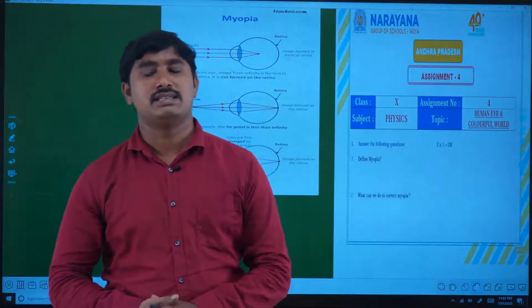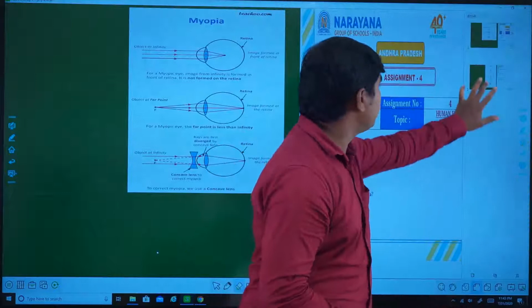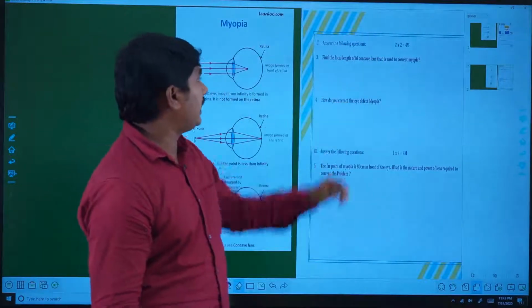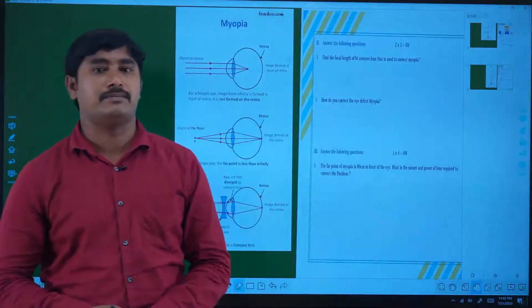Question number 3: find the focal length of the biconcave lens that is used to correct myopia.